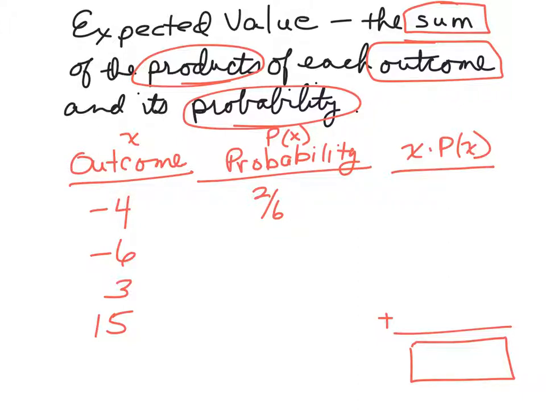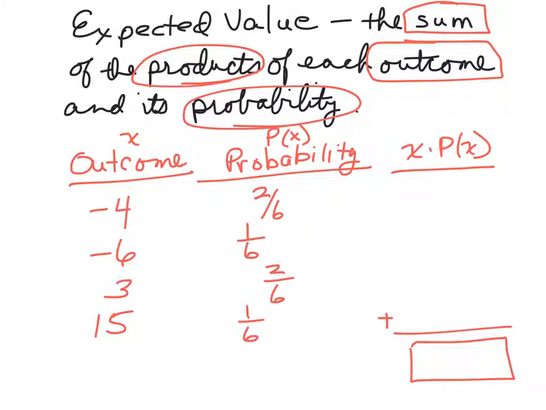So that's 1 out of 6. I win 3 if I rolled a 2 or a 4. So that's 2 out of 6. And I win 15 if I roll a 6. So that has a probability of 1 out of 6. So there's each outcome and its associated probability.